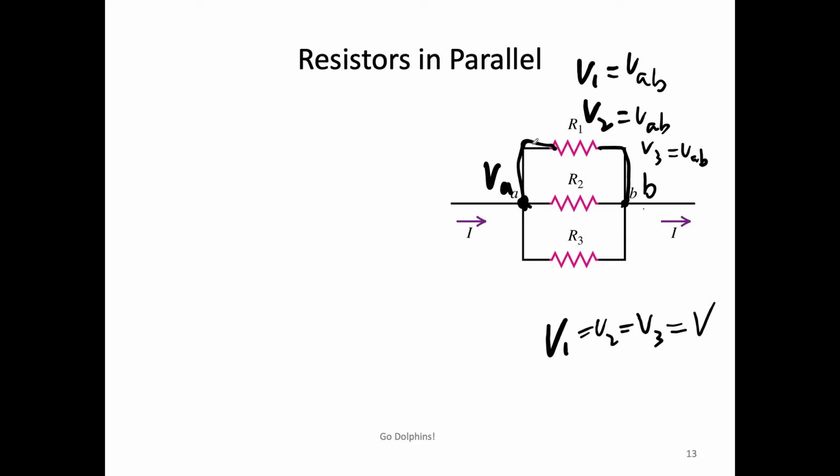And then for current, let's say this is total current I, this is I1, this is I2, this is I3, and we should have I equals I1 plus I2 plus I3.